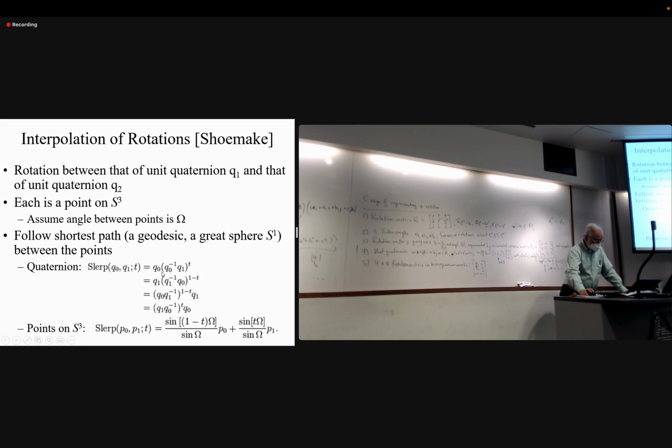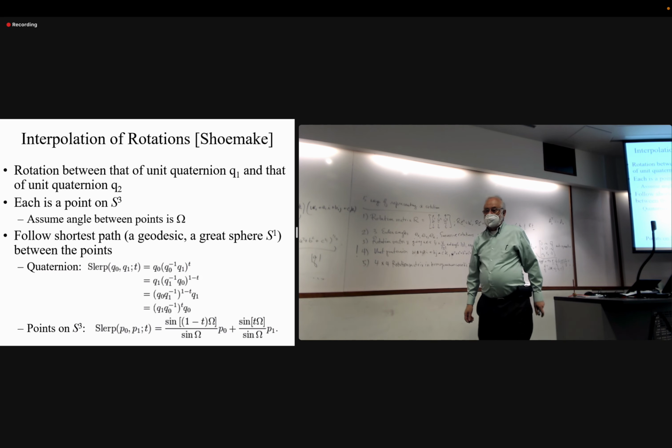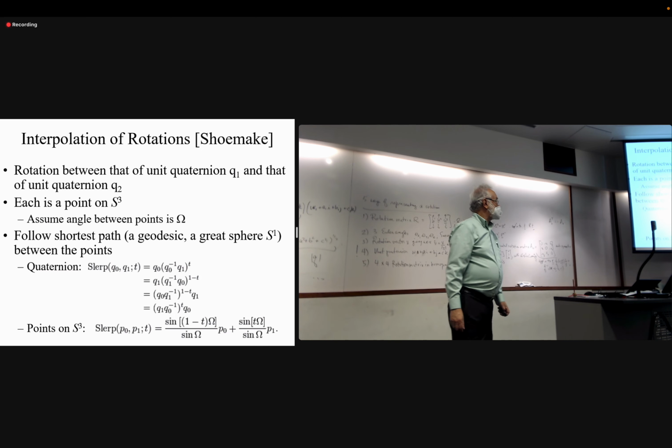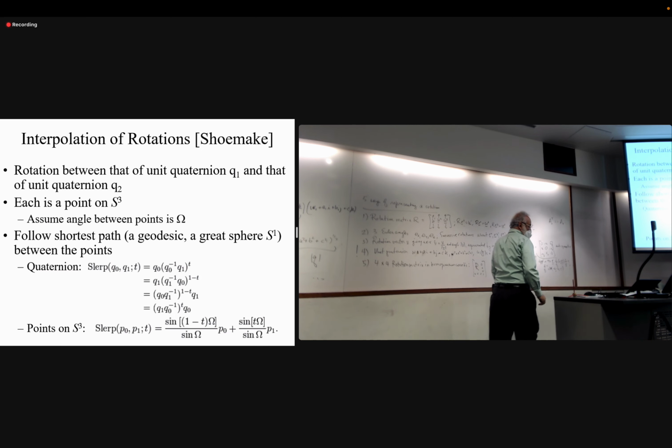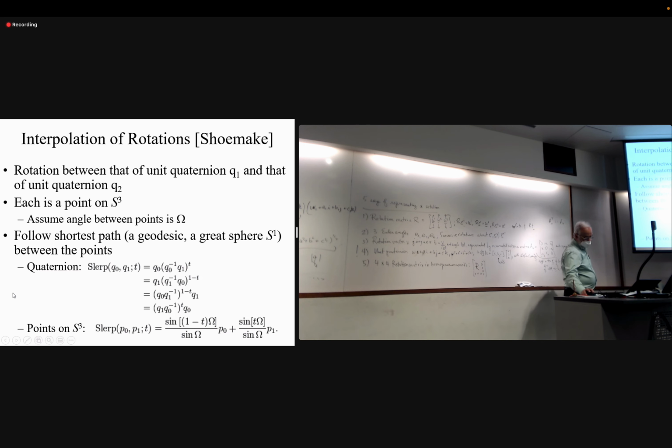And when t equals 1, it's q0 q0 inverse, which is 1 times q1. So that's all fine. And we have to define what the half power or the third power or whatever is, and it comes out to be this.